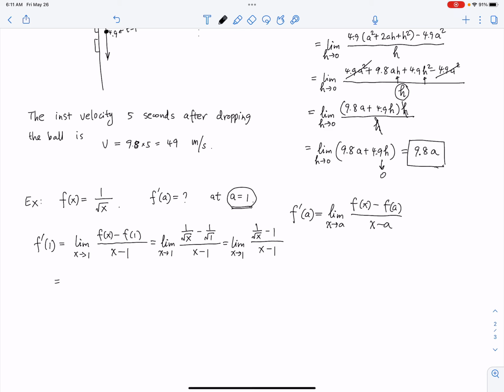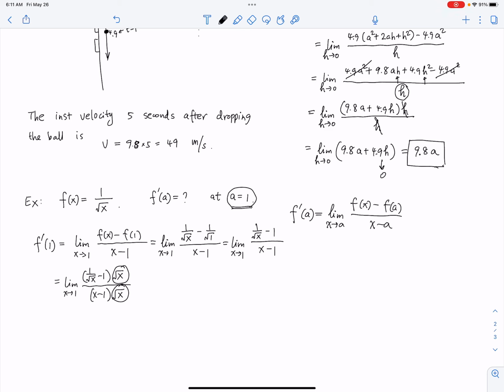So what you have on the top is simply this. Okay, now how do we get rid of the square root of x? Let's multiply by square root of x everywhere, both on the top and also on the bottom. All right, if you multiply by something, you have to do that for both numerator and denominator, and we are doing the same thing right here.